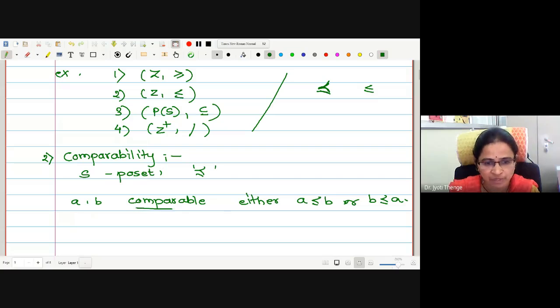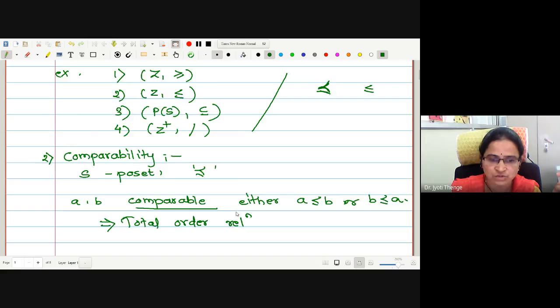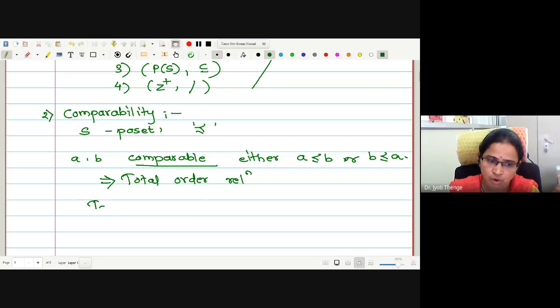If this comparability relation holds, the given partial order relation is called a total order relation, and the set is called a totally ordered set. In short, one can call it a chain.